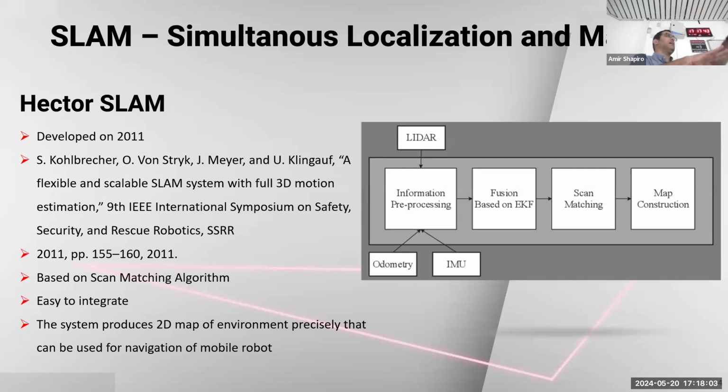From the matching of the scan, it calculates how much it moved, and from the scan it also knows the obstacles. Both of these things were new in 2011, and it was already possible to do SLAM online with a robot and only with a LiDAR, and this worked pretty well.